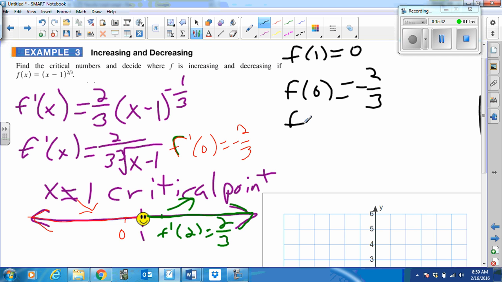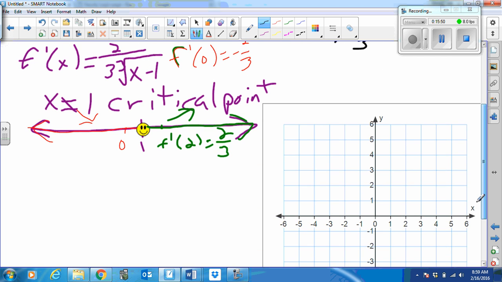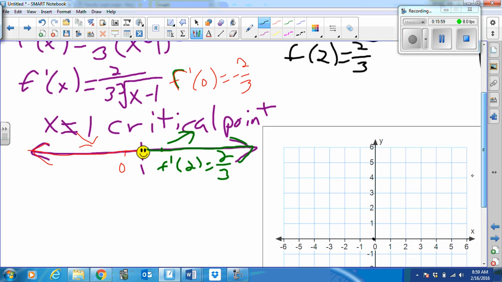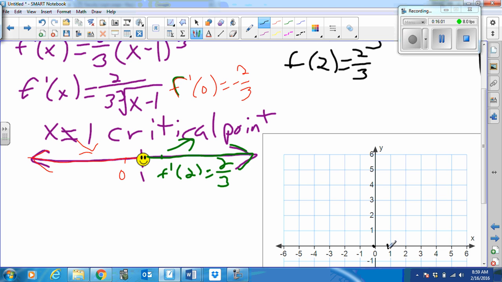And when we plug in f of 2, we get 2/3. Oh, sorry, this is positive 2/3 as well. I was actually accidentally looking at the derivative. And so just putting these points on the graph, we have a point here, and then we're going to go to 1, 0, and we're going to go to 0, 2/3, and 2, 2/3.